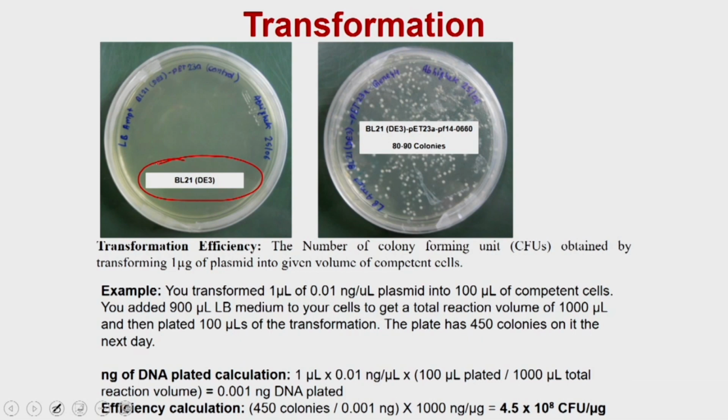If you plate the competent cells alone without the plasmid, you are not going to see any colonies, whereas in this case we have taken an E. coli cell called BL21DE3, and transformed a recombinant DNA called pET23a PF14_0660, and that has given the bacterial colonies, the white colored spots that you see. If you count these colonies, you can calculate the transformation efficiency, or the efficiency of this particular process.